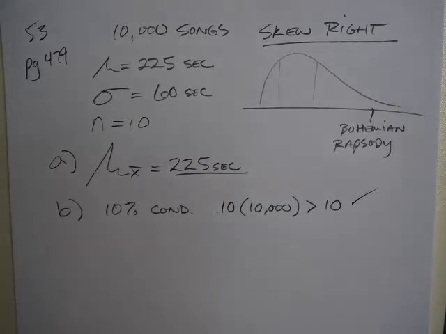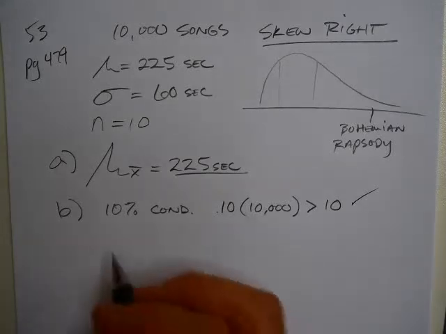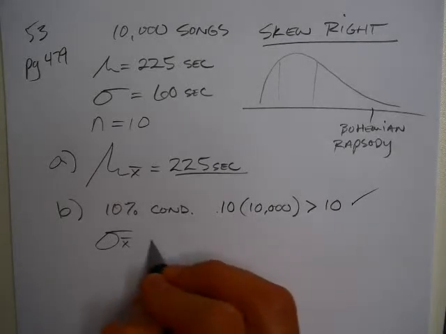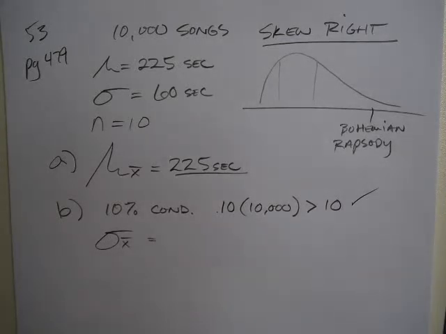This is met. And now we want to figure out what sigma x bar is. So that's going to be sigma divided by the square root of the sample size.